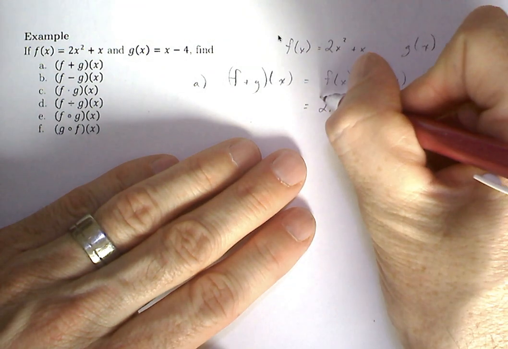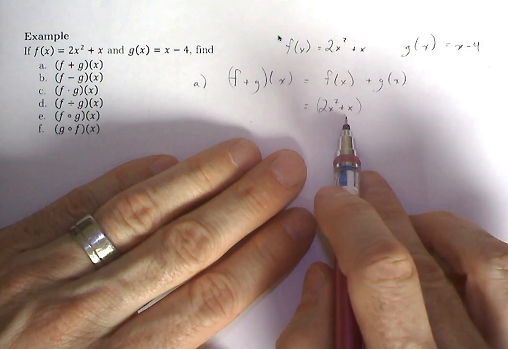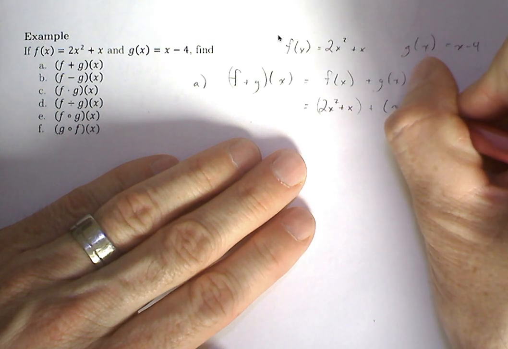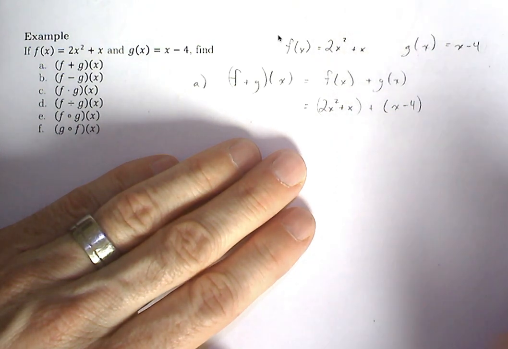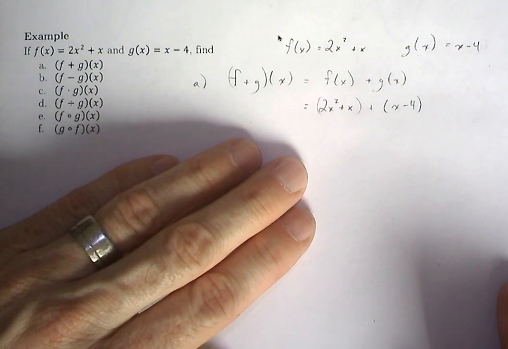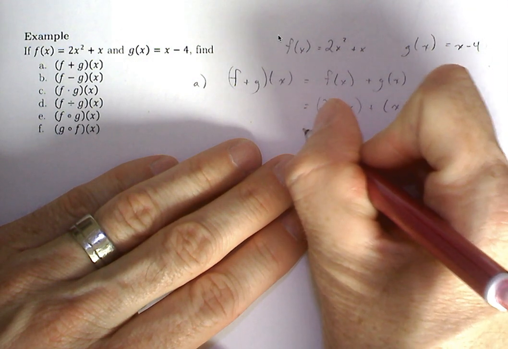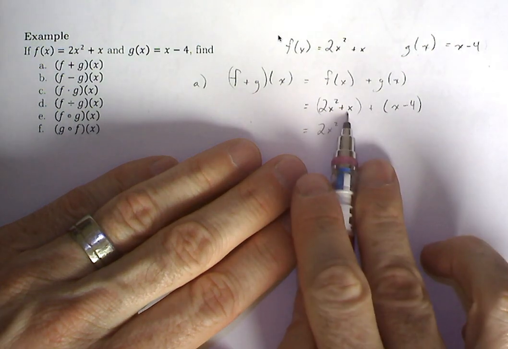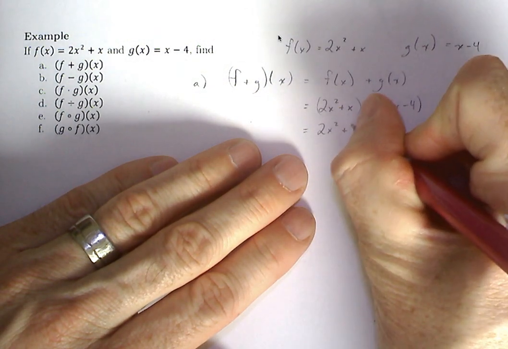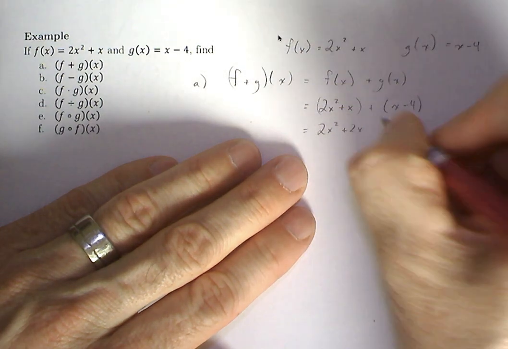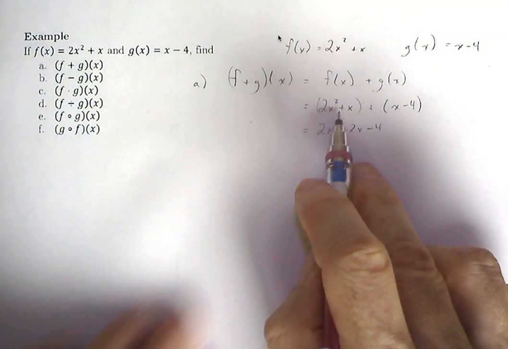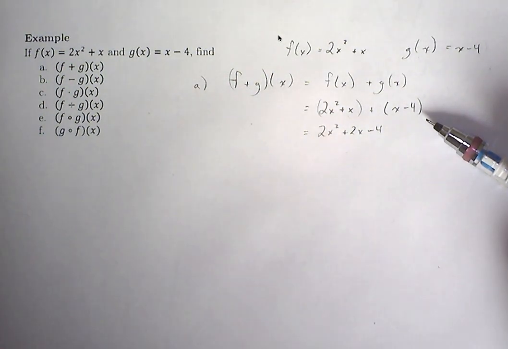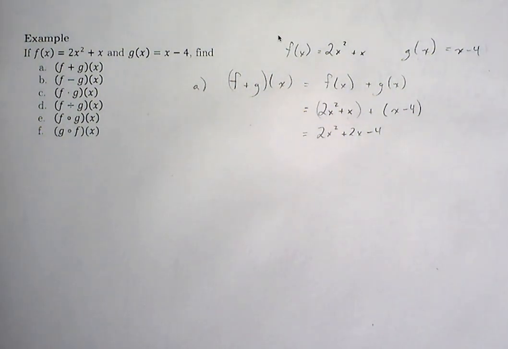That's f of x. Plus my g function, x minus 4. So when we add these two functions, I should get 2x squared plus 2x subtract 4. Just simply, I'm adding the two polynomials on the right-hand side. So that is my function f plus g of x.